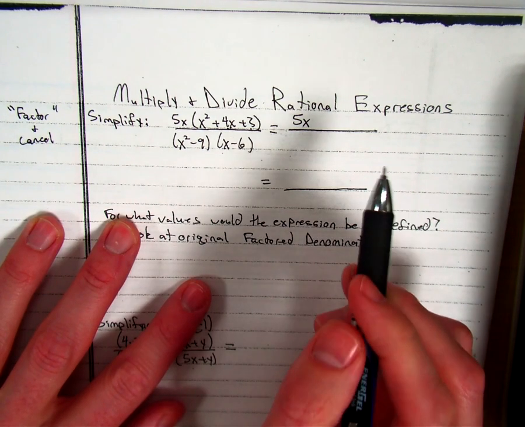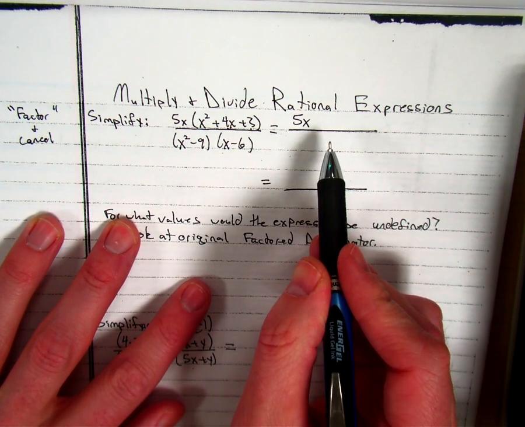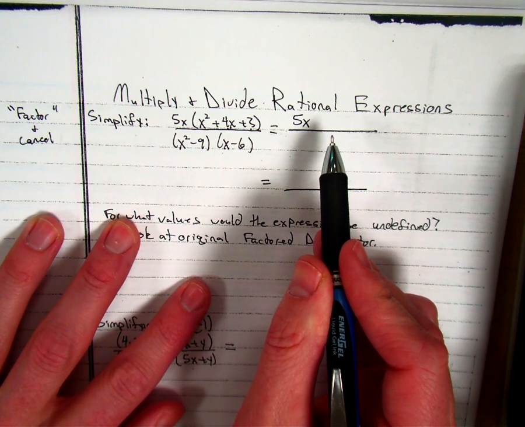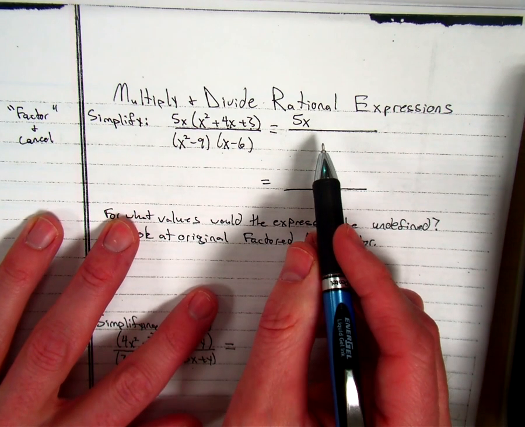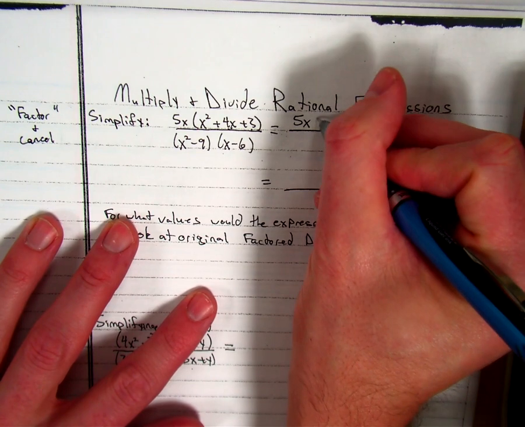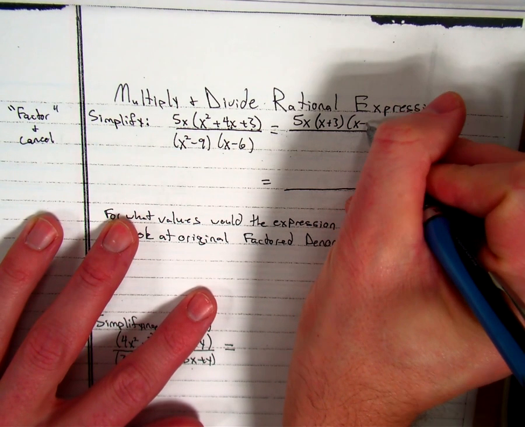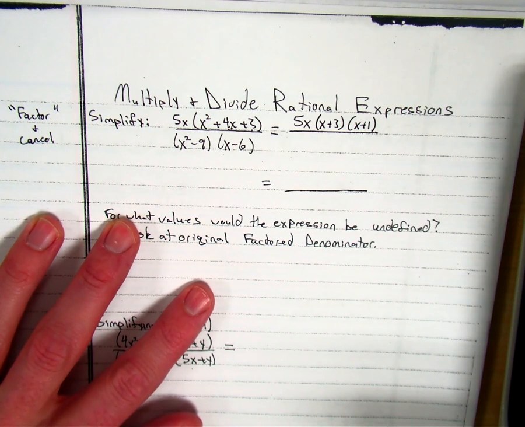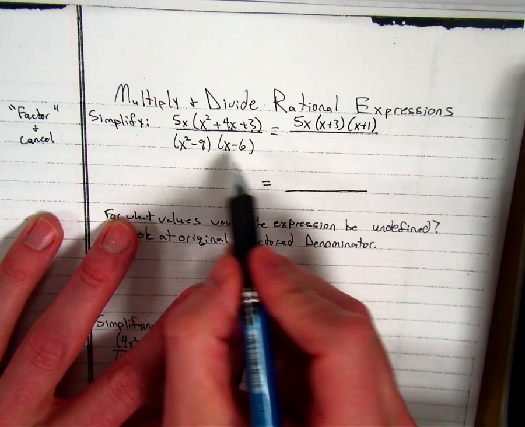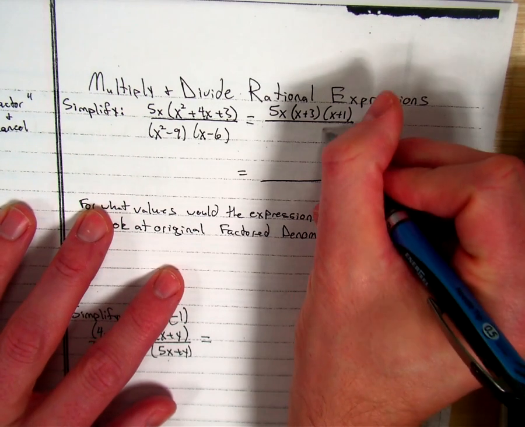If you need to do the x to figure it out, or factor x, go ahead. Alright, but we should come up with x plus 3 times x plus 1. Okay, across the bottom, not much to do with the x minus 6.